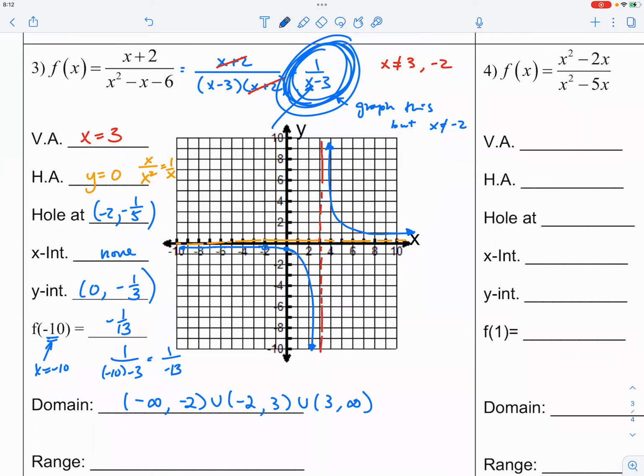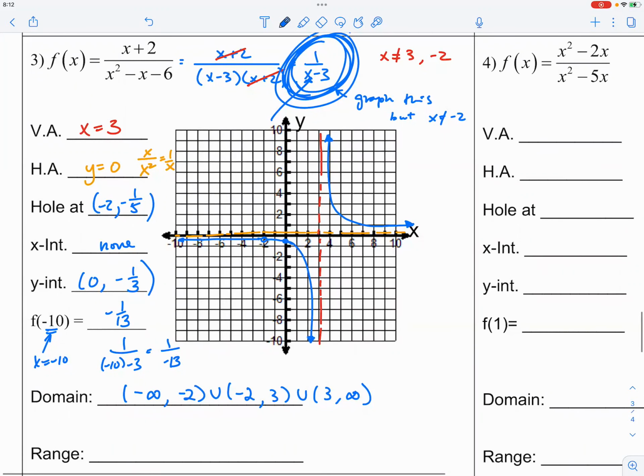So we're basically translating our restrictions into interval notation. x cannot be negative 2, x cannot be 3, so we have 3 separate intervals to describe the values of valid x's.